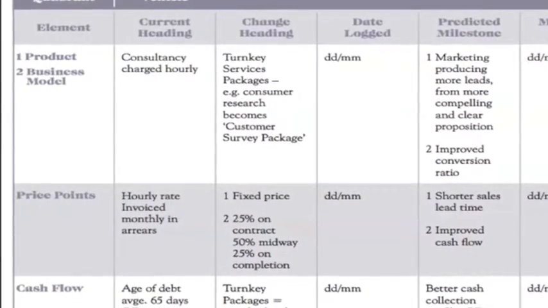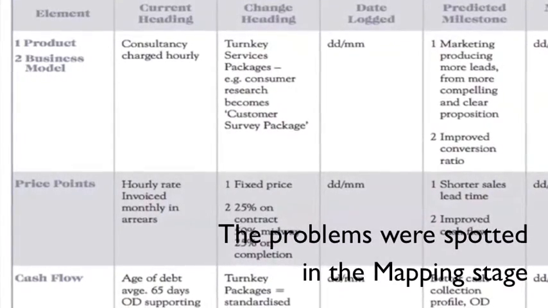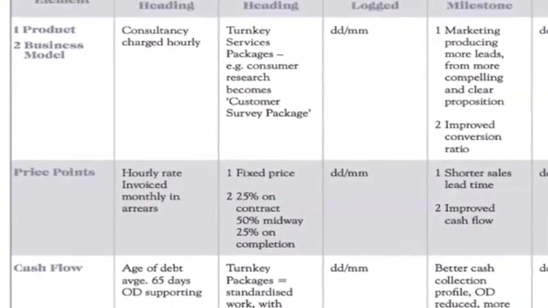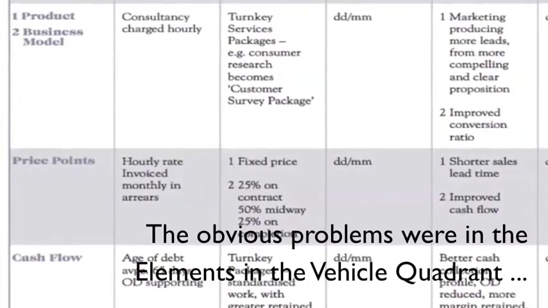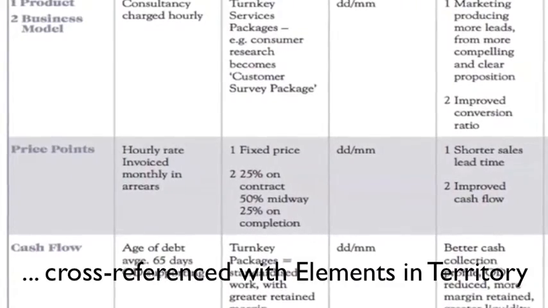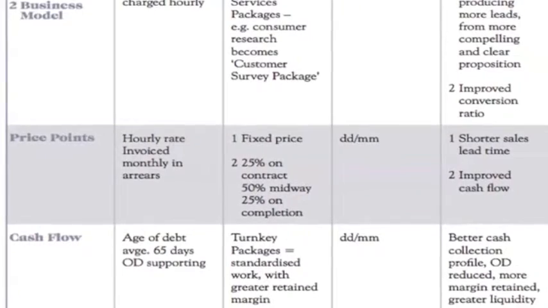And the principal reason why was actually quickly spotted when we took them through the mapping stage and viewed the elements in the company's vehicle from various vantage points in their territory.